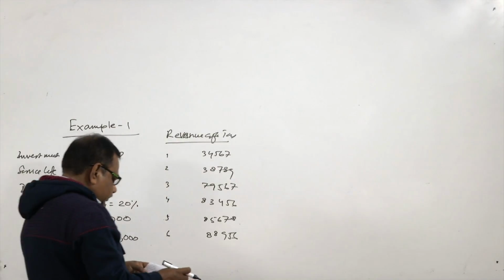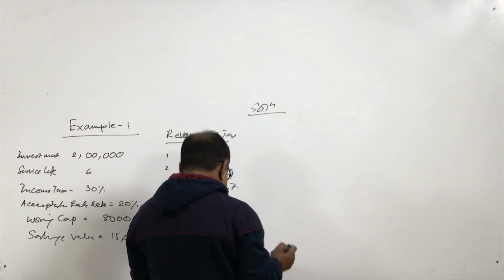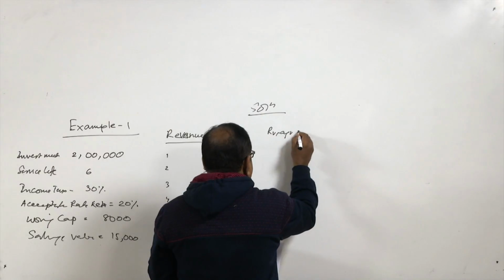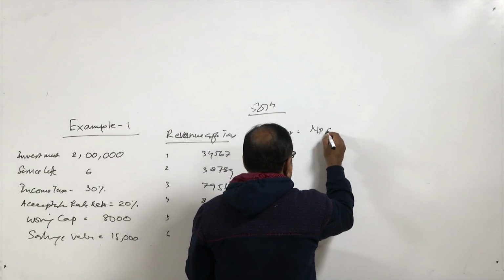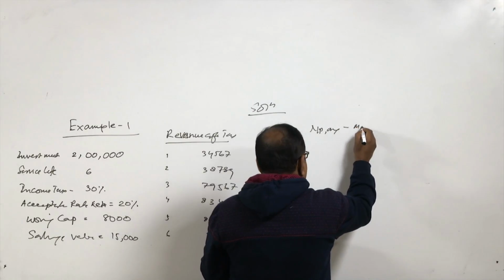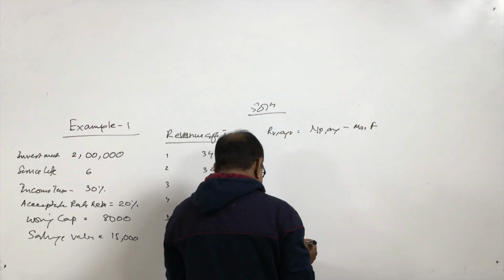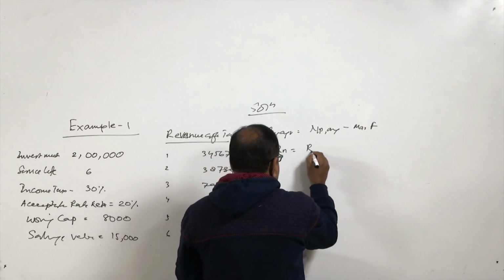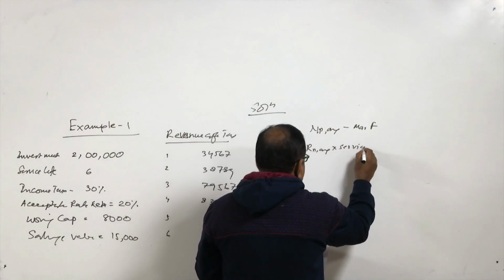Now the solution. Rn average is equal to NP average minus MAR into F. Rn is equal to Rn average into service life.